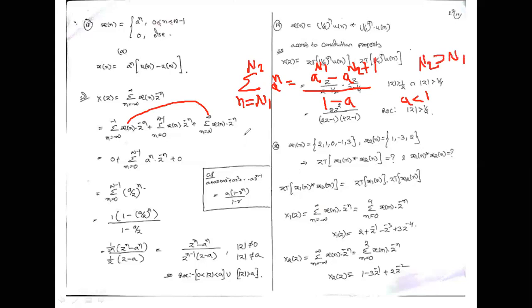Now what is the n1 here? The sum of n is equal to 0 to n minus 1, so n2 is n minus 1.